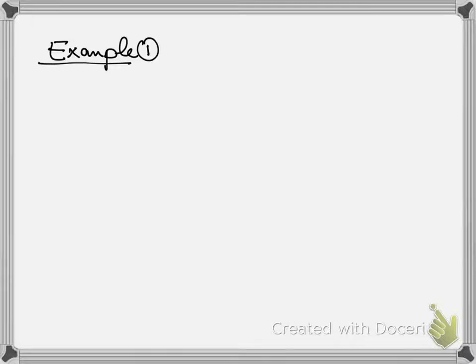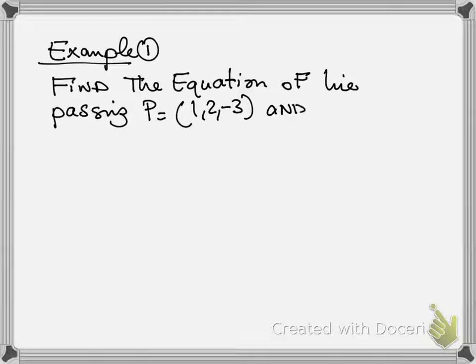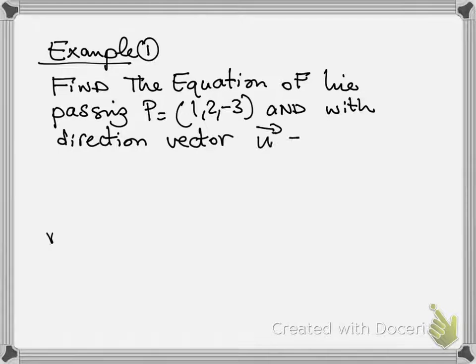Let's say you want to find the parametric equation of the line passing through, let's say P is the point 1, 2, negative 3, and with direction vector say u equal to negative 2, 1, and 0.